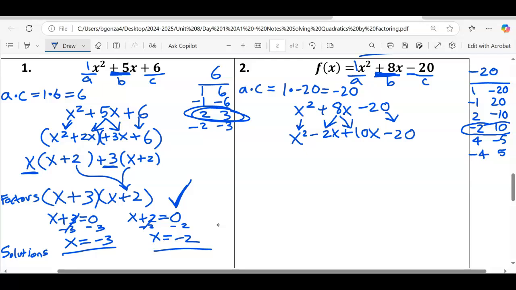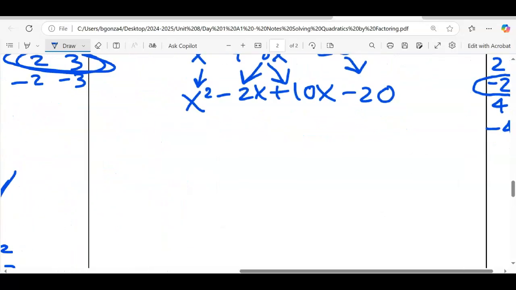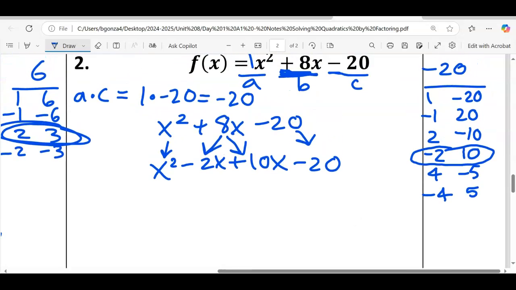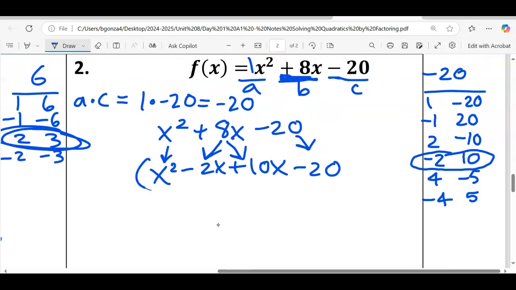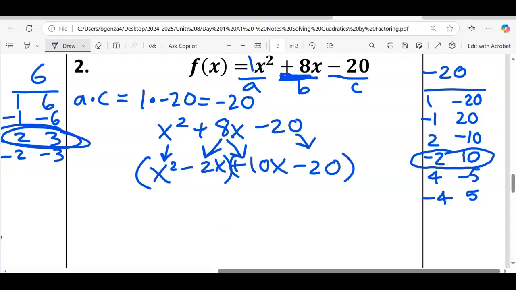Cool. And then we need to group. So the first 2 terms group, the last 2 terms group. And then we are going to factor each parentheses, right?